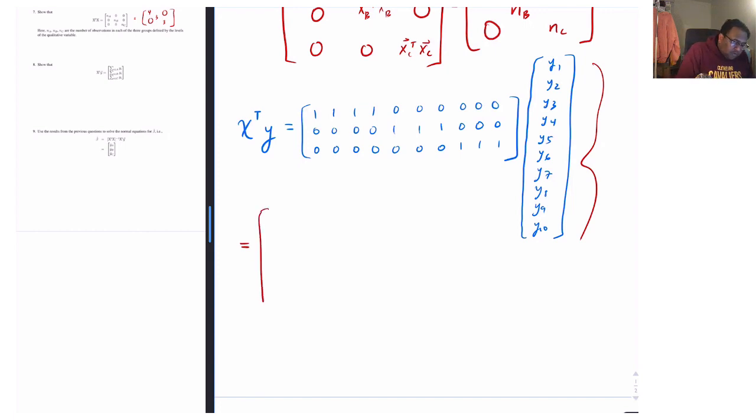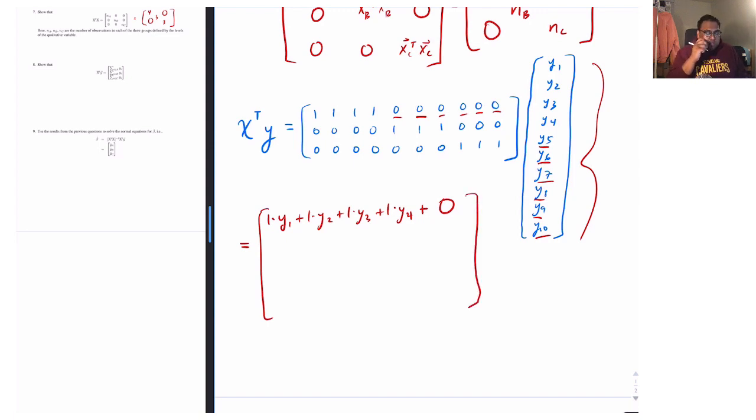So for instance, the first row will look something like 1 times y1 plus 1 times y2 plus 1 times y3 plus 1 times y4 plus a bunch of zeros for the remainder of my sum. Right? 0 times y5 through y10 still just gives me 0. So I'll have 6 terms. They'll all be equal to 0. We're not going to write them all out, but I think it's clear that all of those things should be equal to 0.